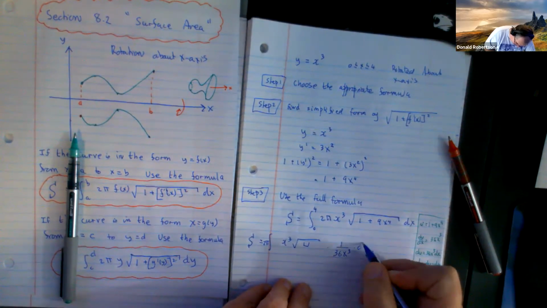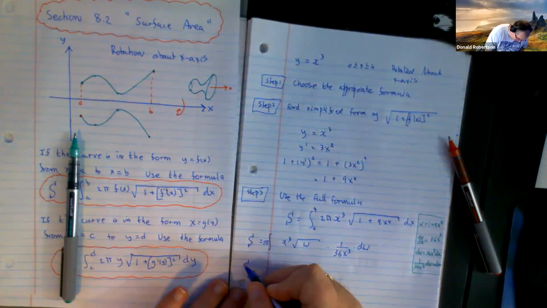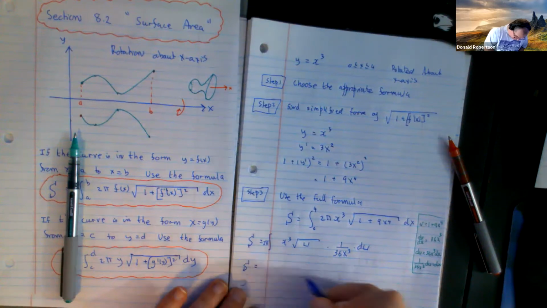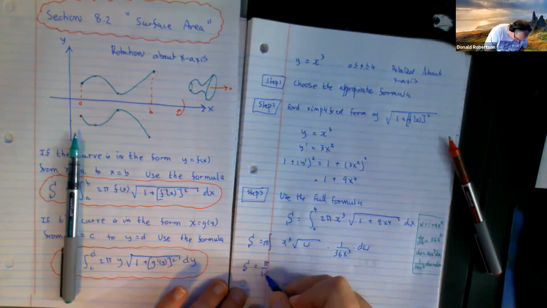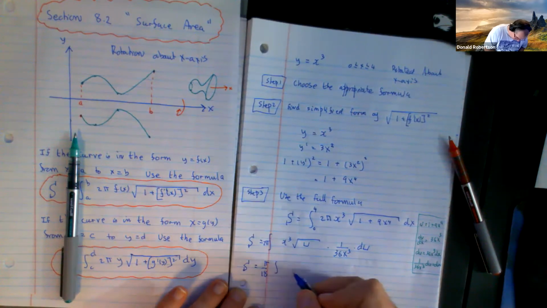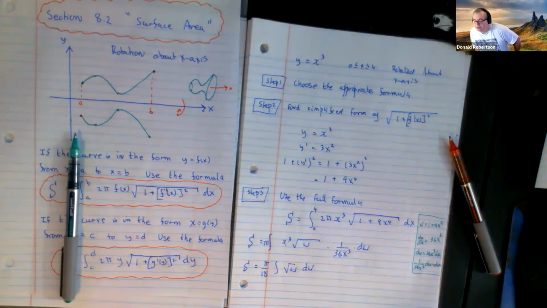And I have a du. That comes out and joins that one. So I now have pi over 18, the square root of u, du. Would you agree that's a really nice sign when you see that? That's a good sign that the u sub's doing its job.